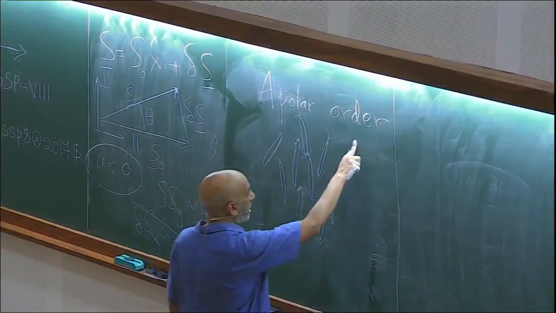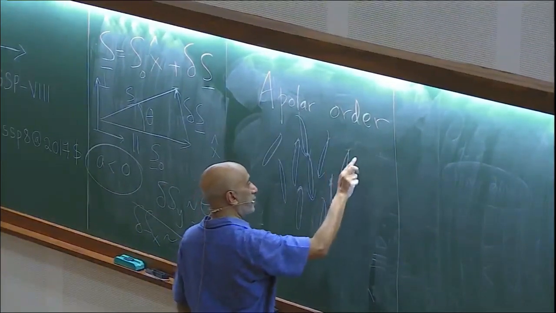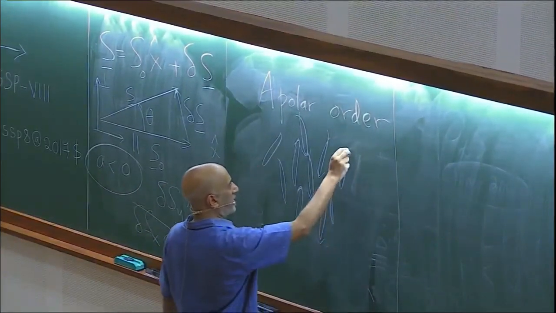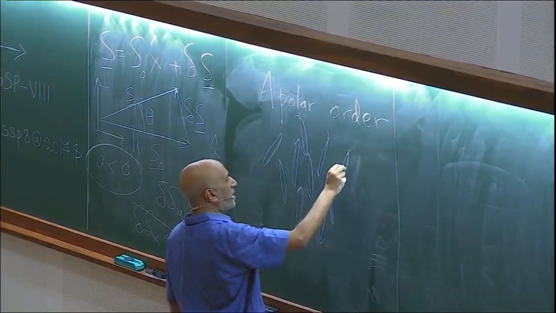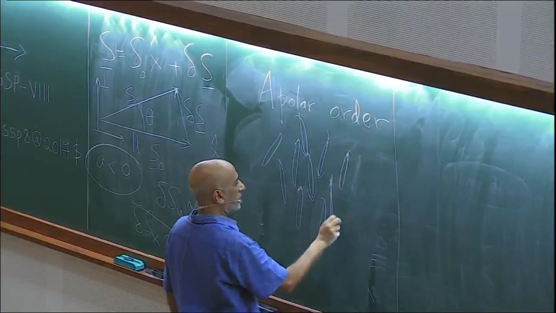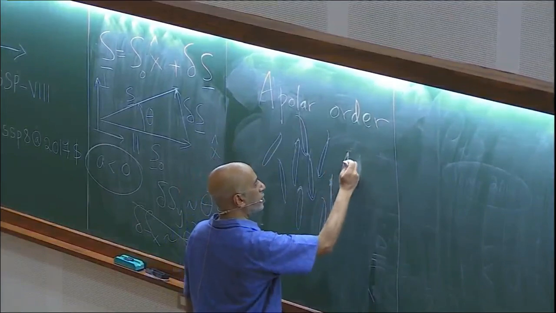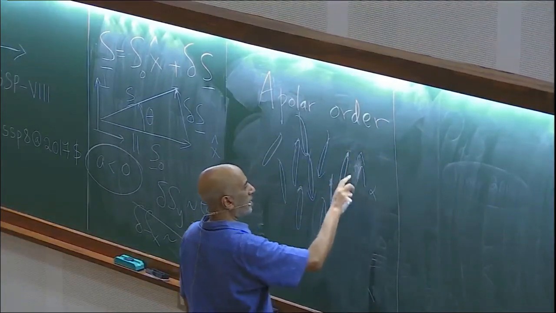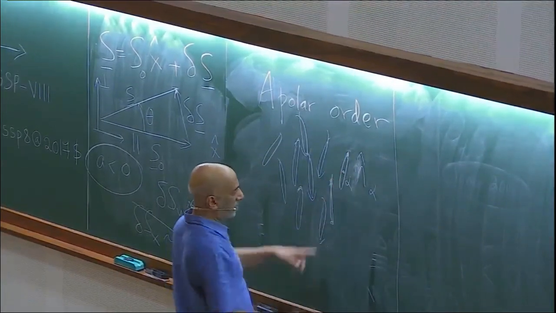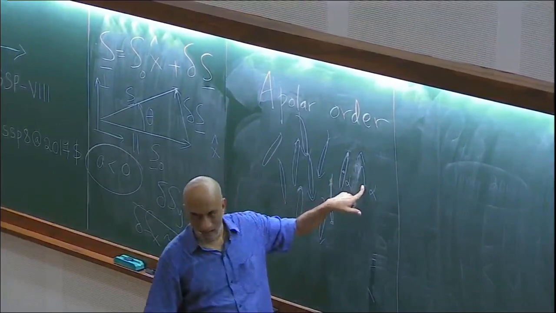Now, if I take the particles of this system and, arbitrarily picking a head on each one, assign a unit vector n alpha to each. This is particle number alpha, and I assign a unit vector n alpha.